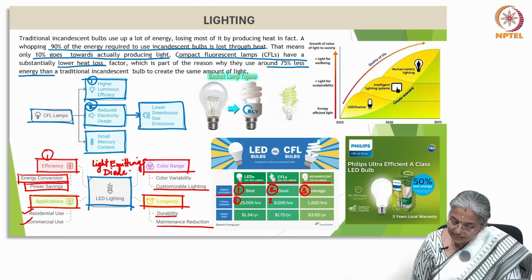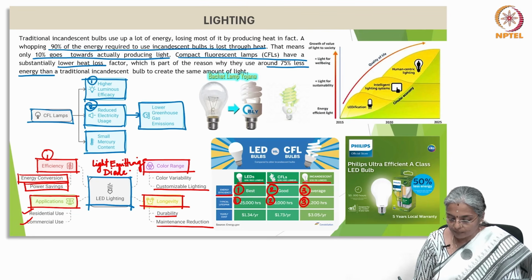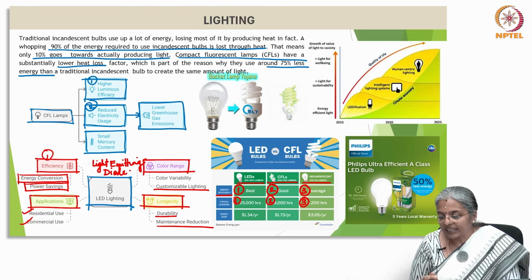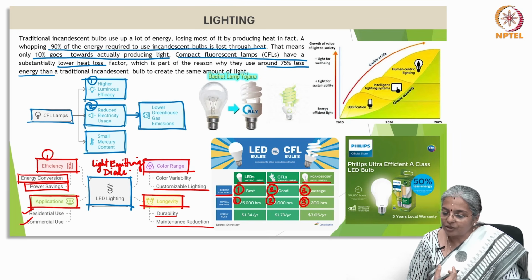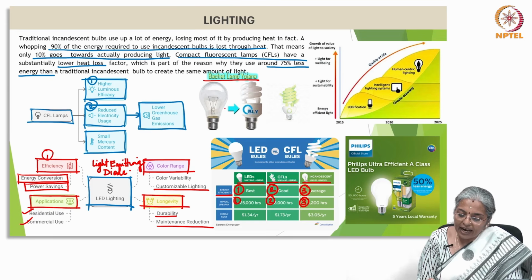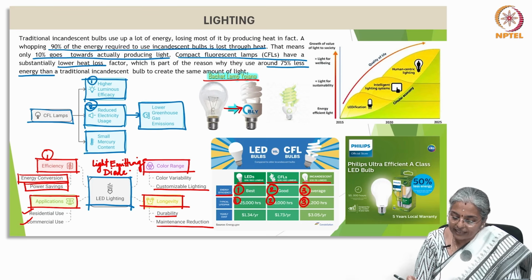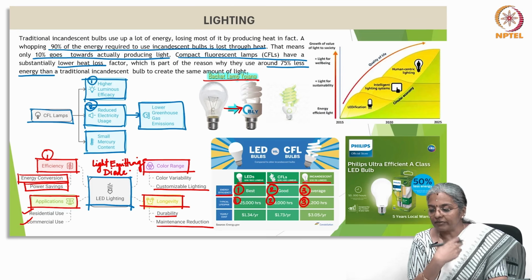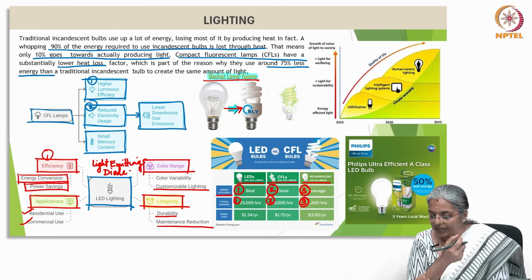Of CFLs, it's about 8,000 hours, and incandescent bulbs is about 1,200 hours. Therefore, we can have extensive economic benefit. So, if you actually see the Bachat Lamp Yojana by the Government of India, it aimed at promoting CFLs and then LEDs ultimately, so that we can save a lot of electricity and energy.